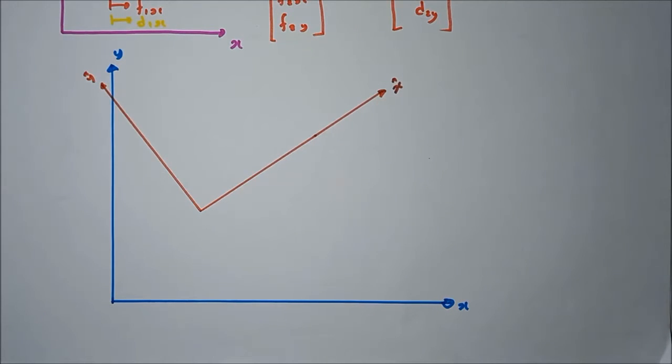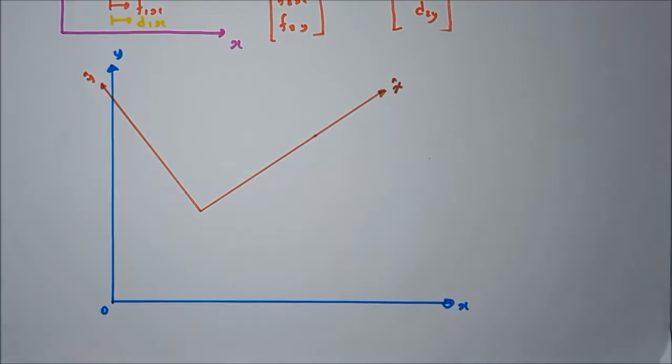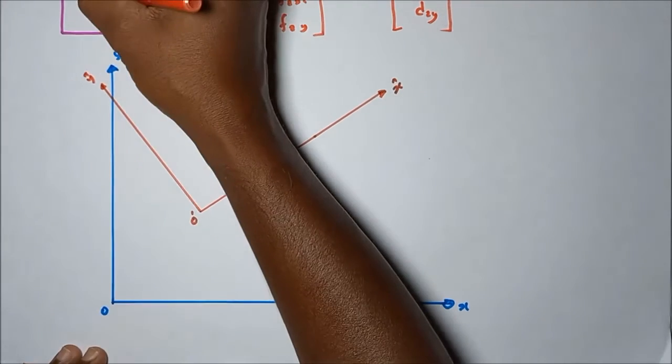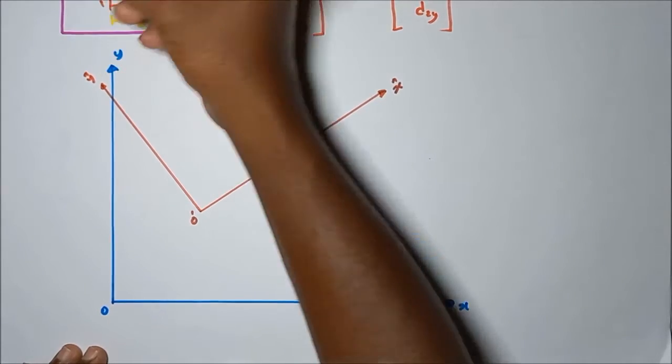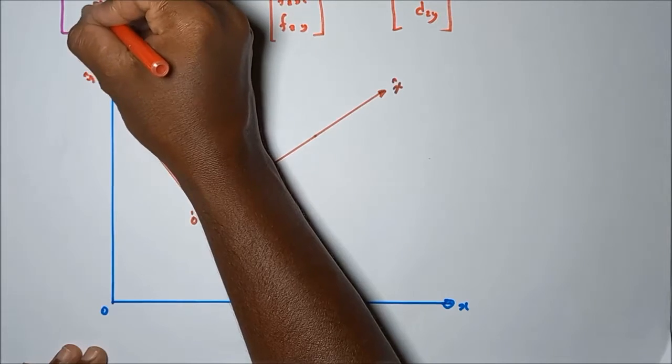Then let's take this as O, coordinate 0. Then this is the O dash point. This O dash point is representing node 1.